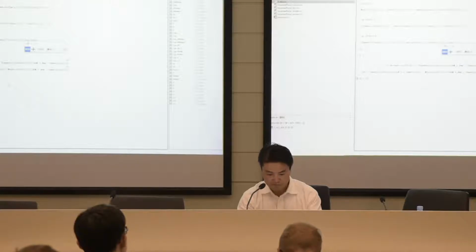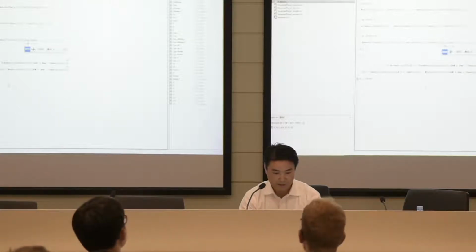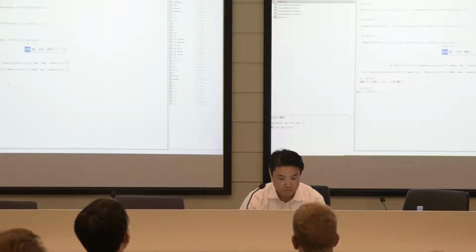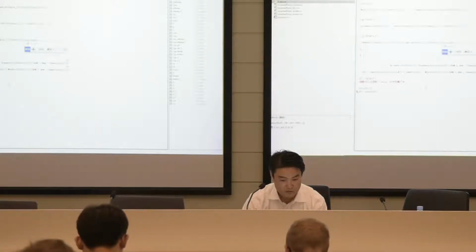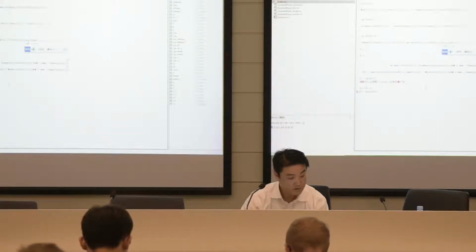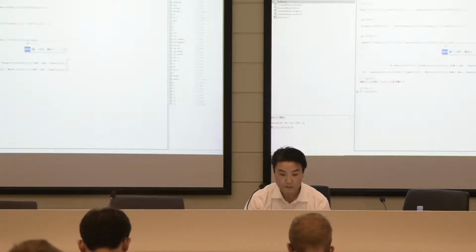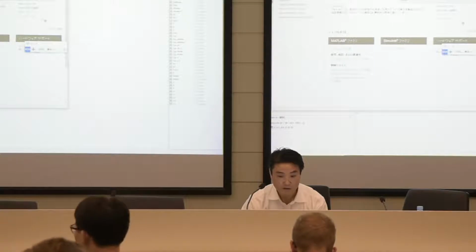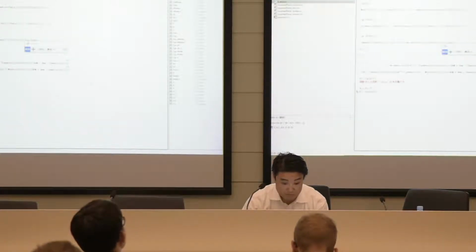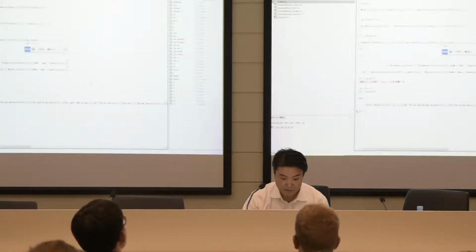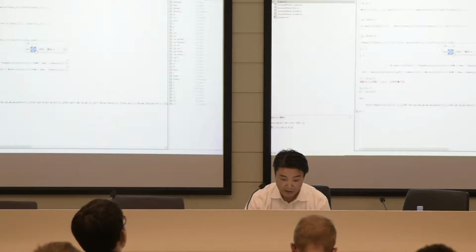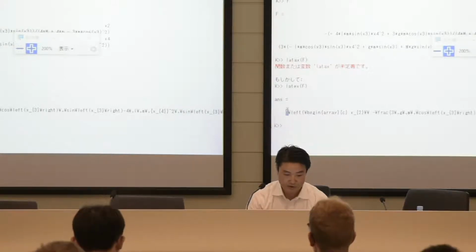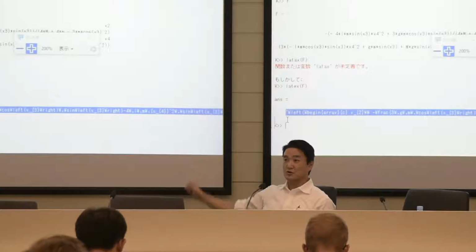To do that, just write LaTeX, F. Then you get this code, and copy this expression and paste it into LaTeX and show the equations.